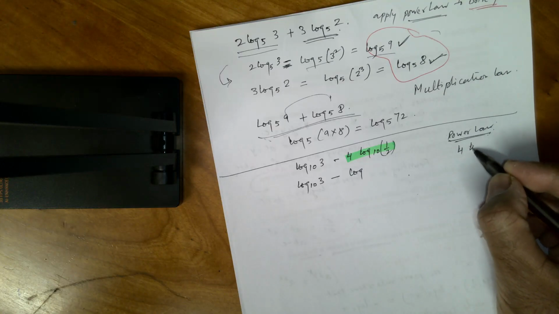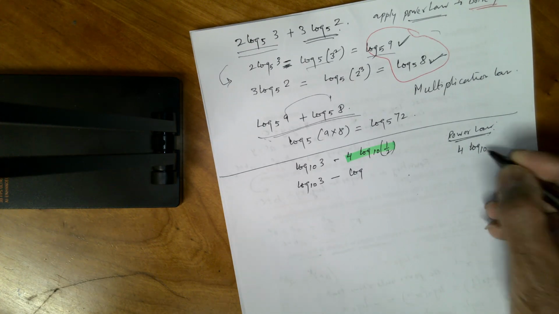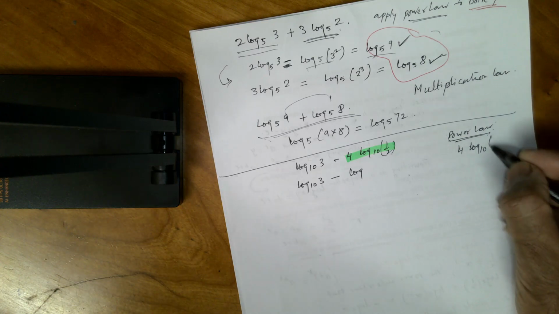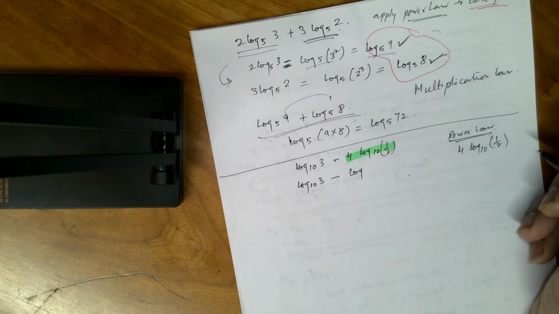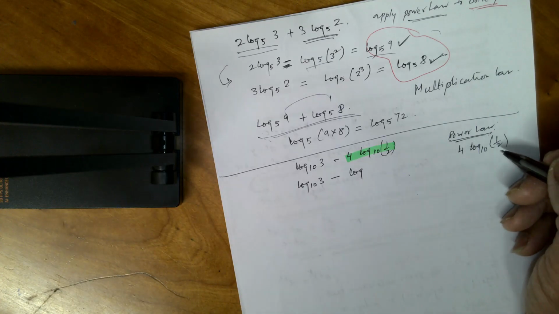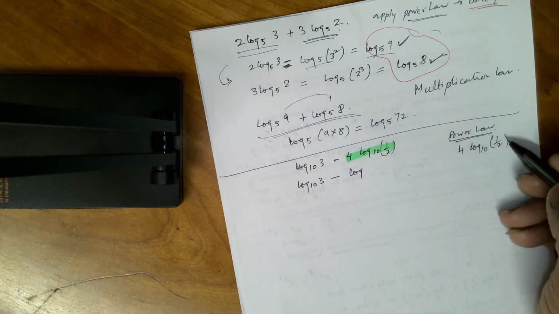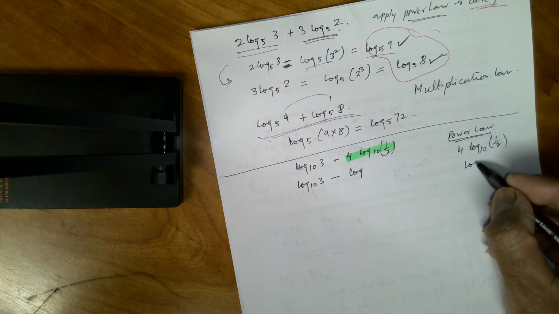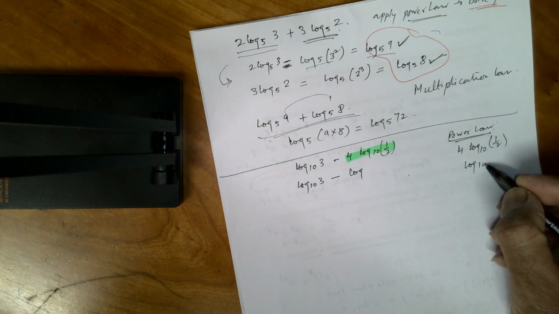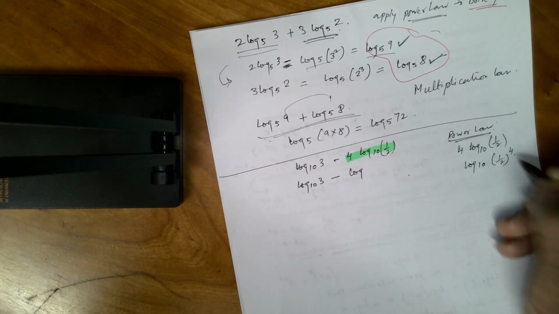So that is 4 log, the power here, base 10, of half. So the logarithm base 10 here, and this can be written like that.